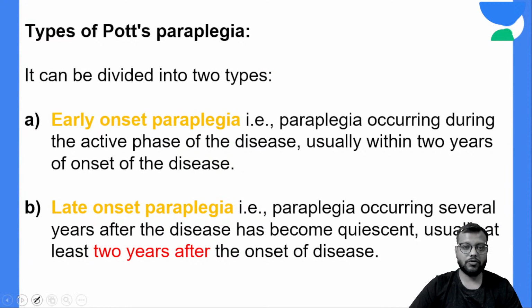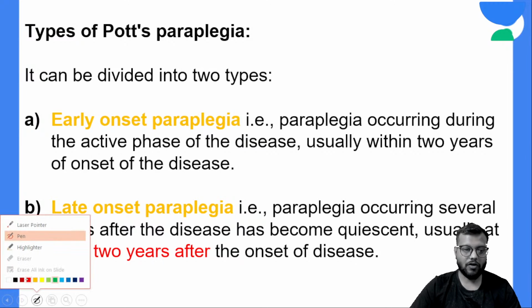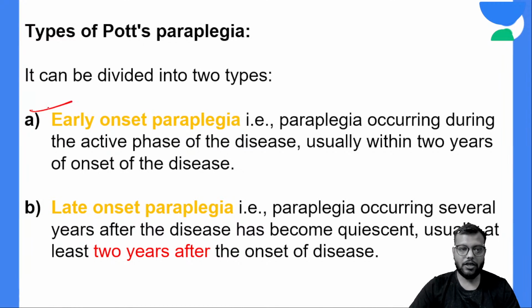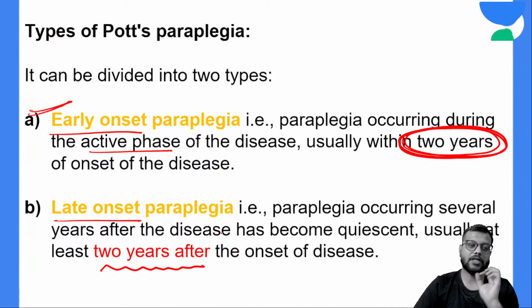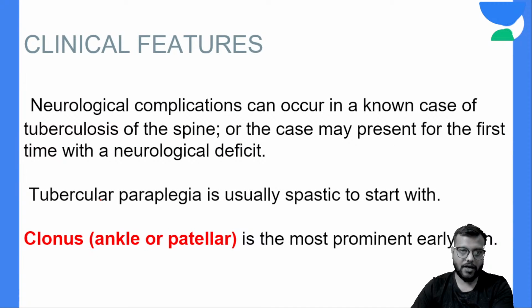Now we'll come to the types of Pott spine that we have already discussed. First is the early onset paraplegia, where the paraplegia occurs in the active state, and इसमें याद रखना है, within 2 years of the onset of the disease. अगर 2 साल के बाद हो रहा है, then it is called the late onset paraplegia.